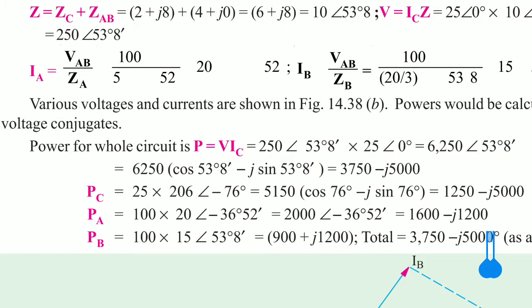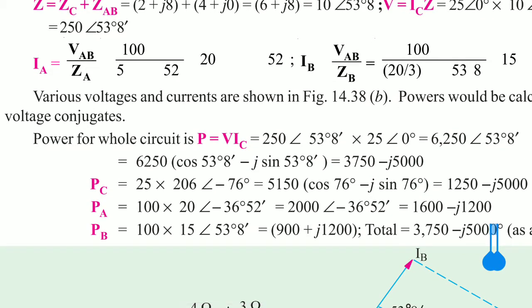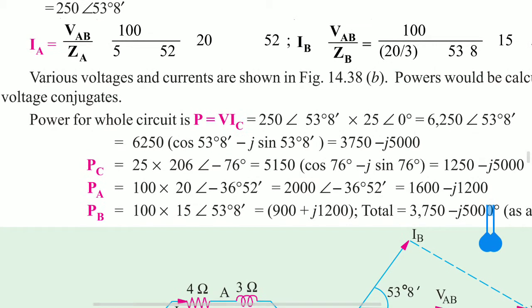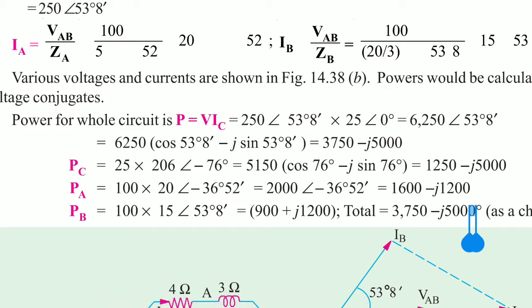By the voltage conjugate method, 206 angle of minus 76 degrees into 25 angle of 0 degrees, that is 5150 angle of cos 76 degrees minus j sin 76 degrees, equal to 1250 minus j 5000.